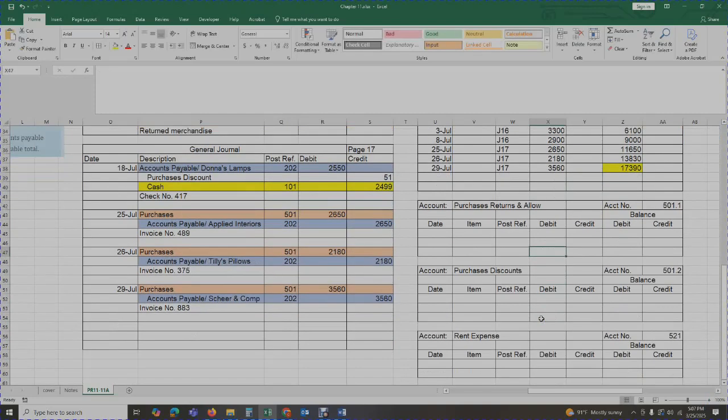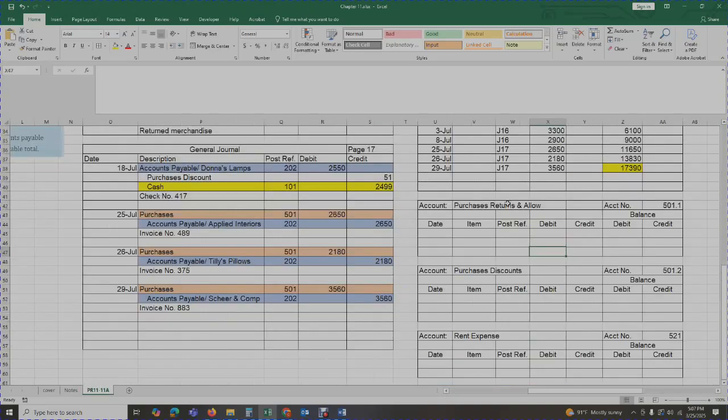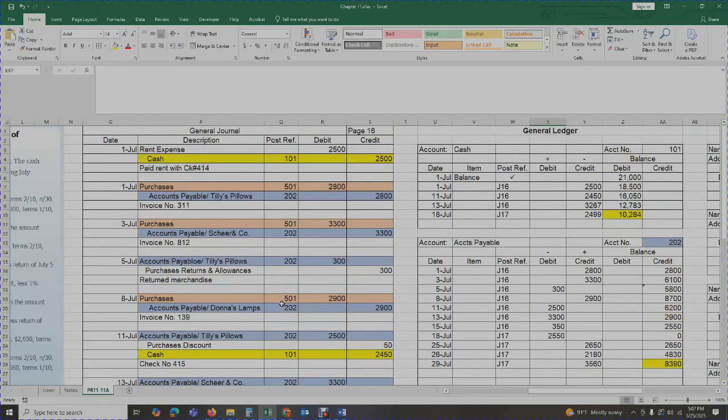Okay. Now we're going to go to purchases, returns, and allowances. Remember, purchases, returns, and allowances has a normal balance of a credit. Okay. So let's go through the motion and let's look for purchases, returns, and allowance. And let's use a separate color. Let's use green. Okay. So here on July the 5th, we have a $300 credit.